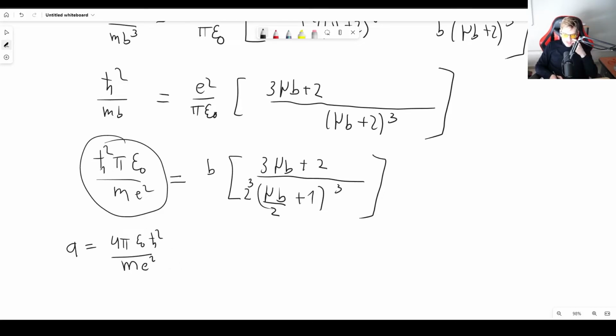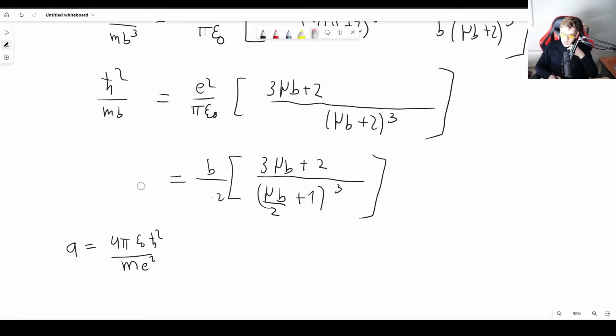So it's basically the exact same thing, except that we are missing a 4. But here we have an 8, which is 4 times 2. So if we multiply both sides by 4, we get rid of this, and now we have it here. So now we can rewrite this entire thing in the circle with simply A, the Bohr radius. Okay, so that makes things a bit easier.